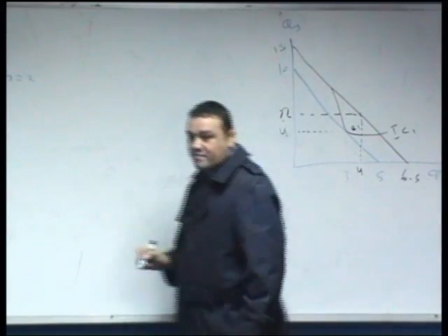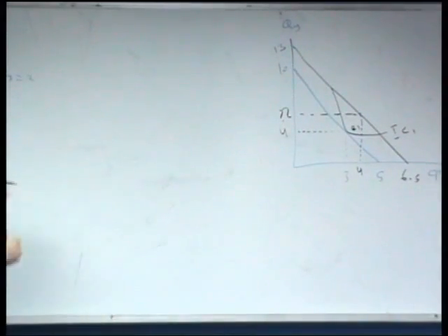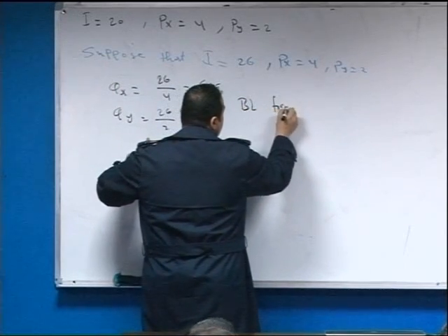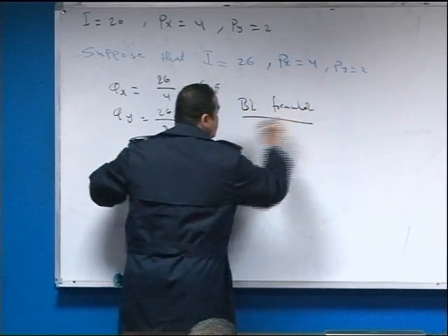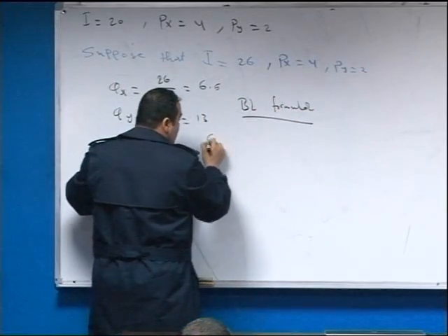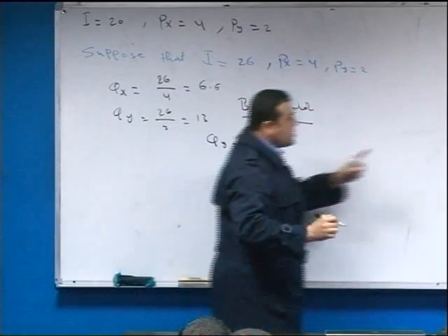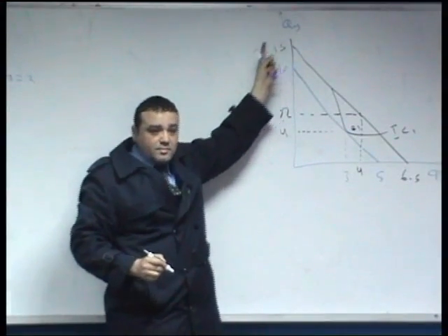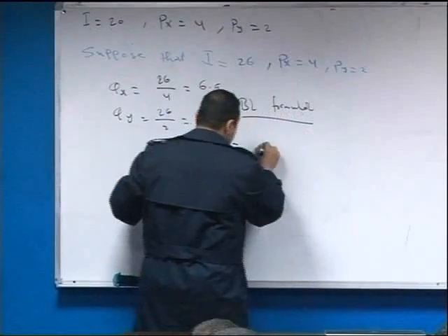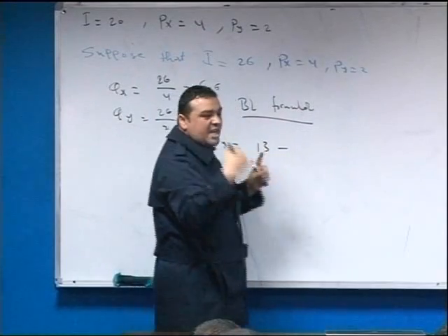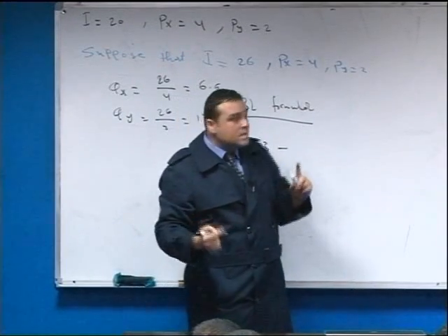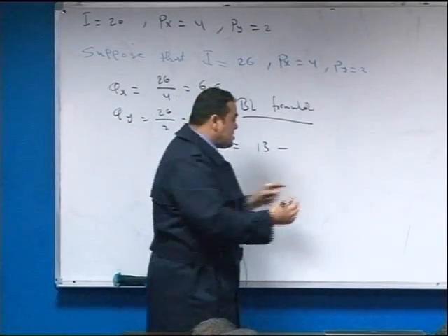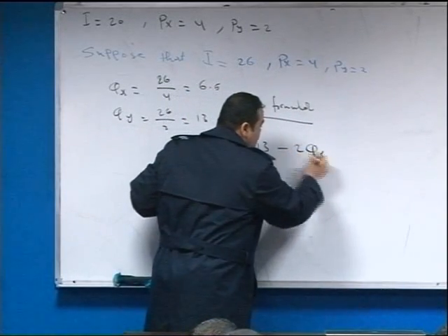We have to derive the budget line formula. By the budget line formula, QY equals the new intercept, 13, minus PX over PY, 4 over 2, which is 2, times QX.